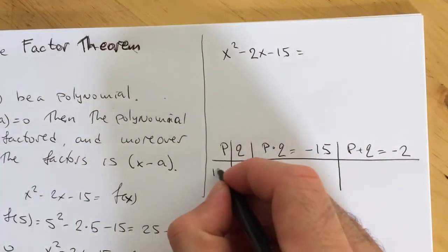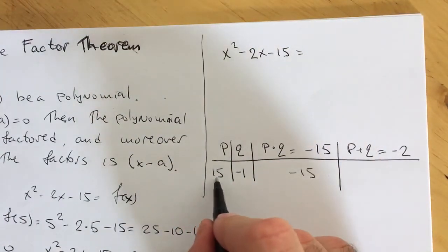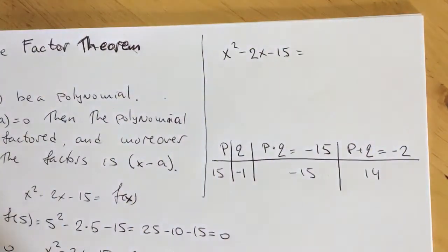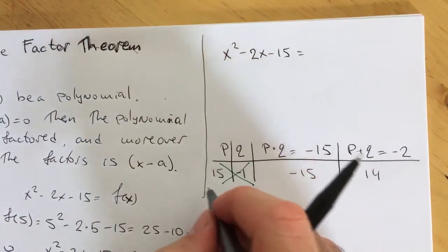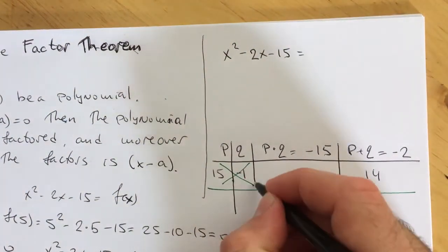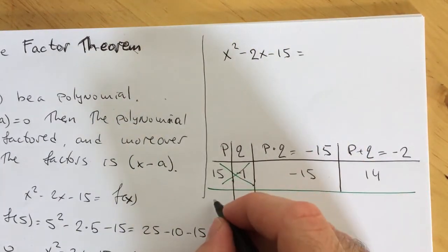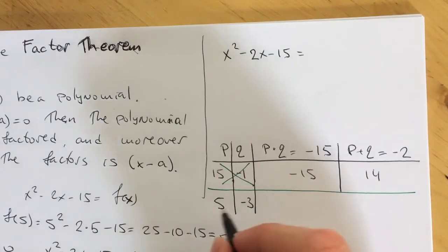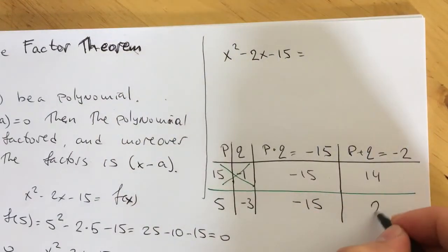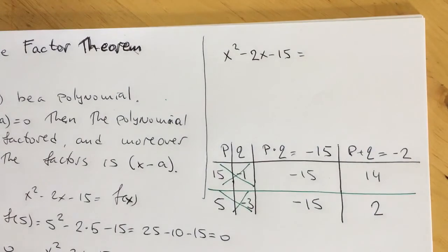So the product of what two numbers is negative 15? Well, that's 15 and negative 1. That's negative 15. But now 15 minus 1 is 14. So this choice is not correct. Okay? Let's try another one. What two numbers give you a product of negative 15? 5 and negative 3. 5 times negative 3 is negative 15. 5 minus 3 is 2, and I want negative 2, so these two are also not correct.